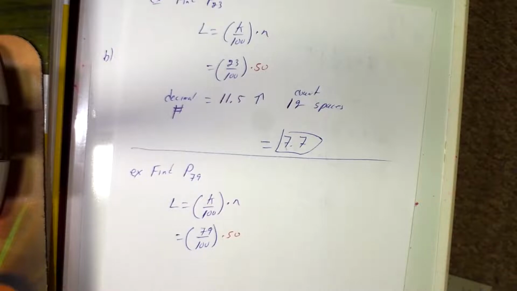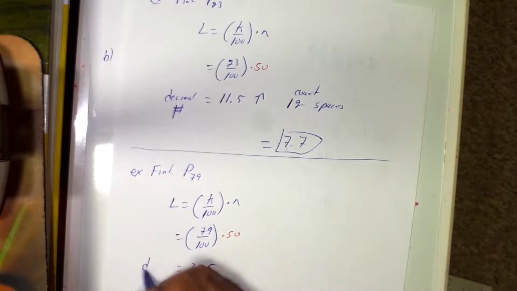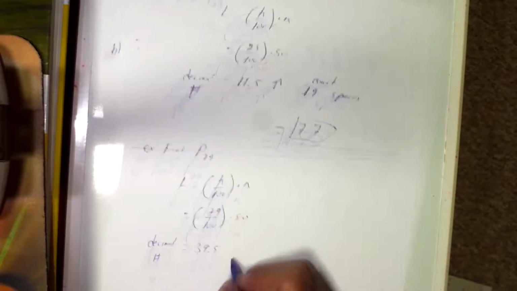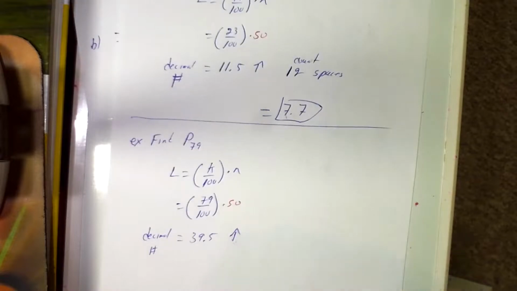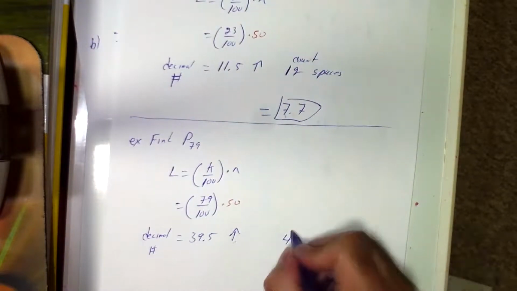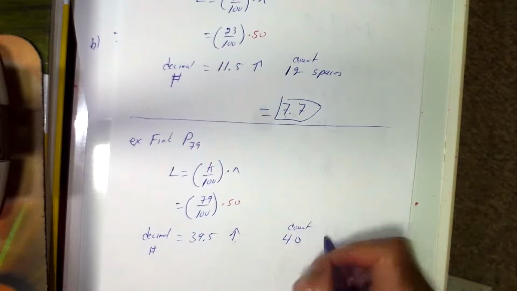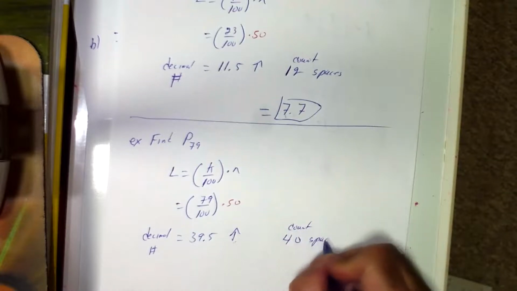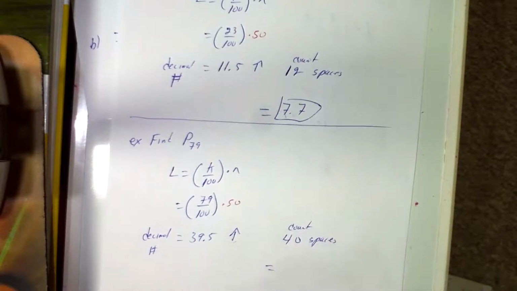Notice that my L value came out to a decimal, 39.5. So I have to bump it up, and that becomes 40. You're going to count 40 spaces. Where you land, that's your answer.